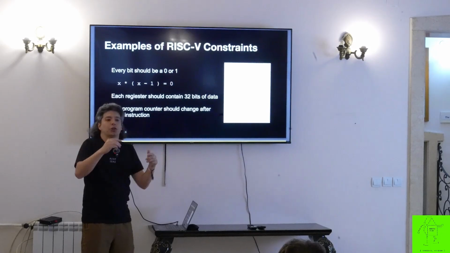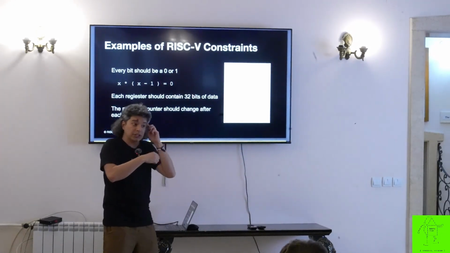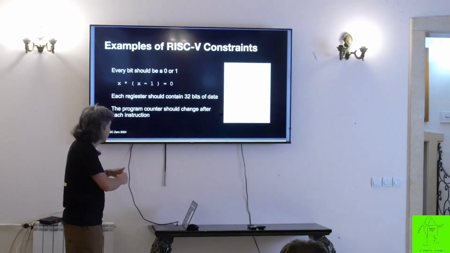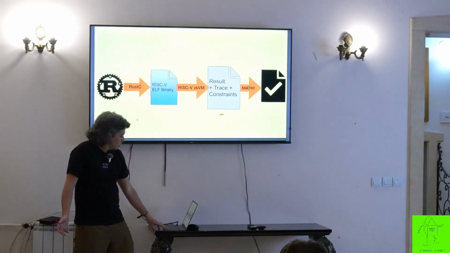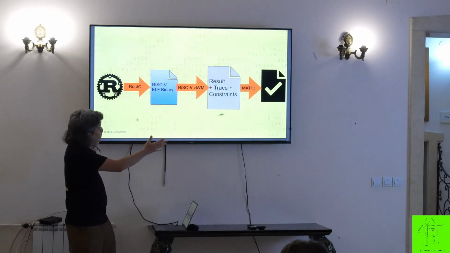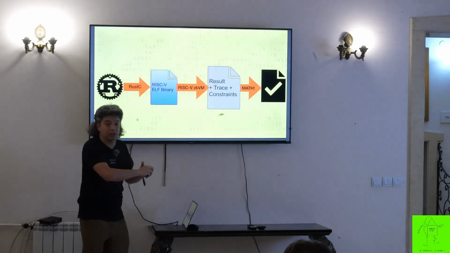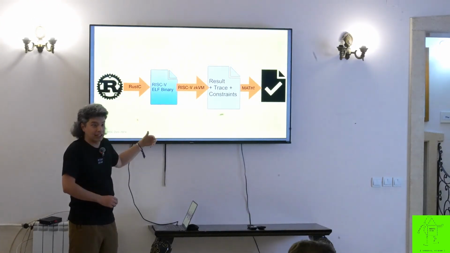And so all of the fetch, decode, execute cycles become encoded in polynomials as these constraints. So that's a high-level overview of what's going on as far as these Stark-based ZKVMs go.